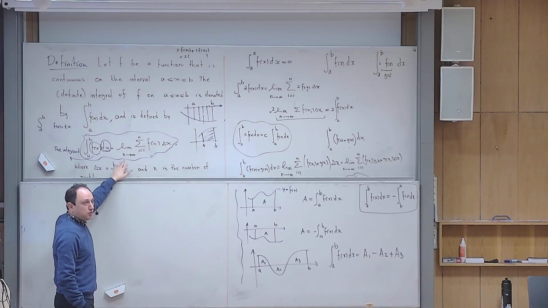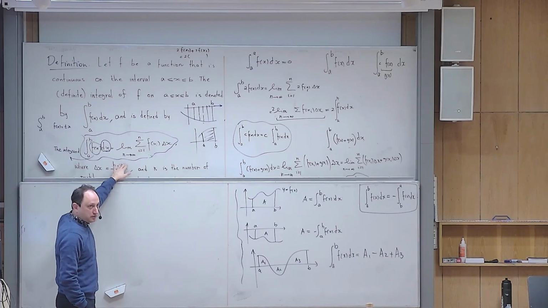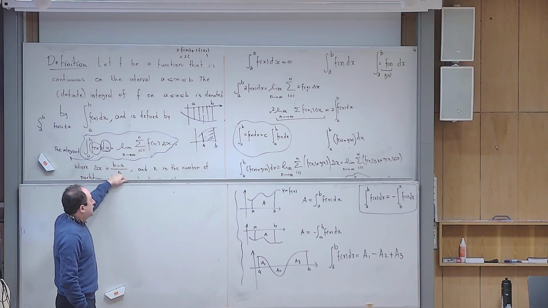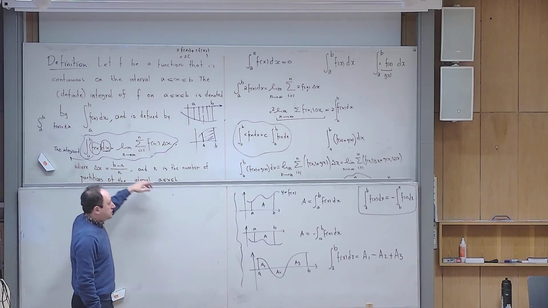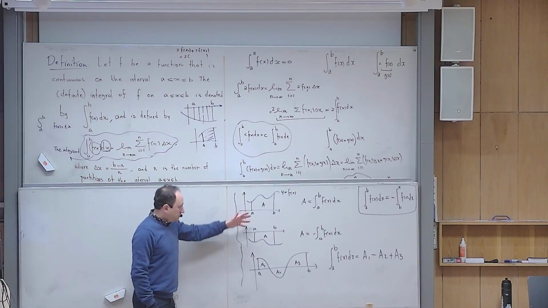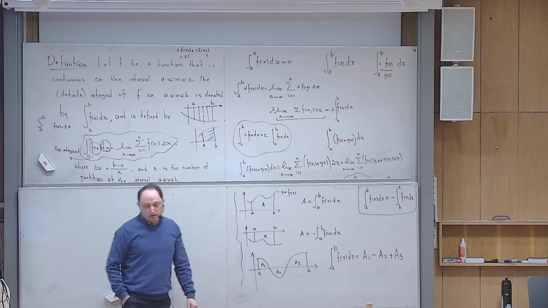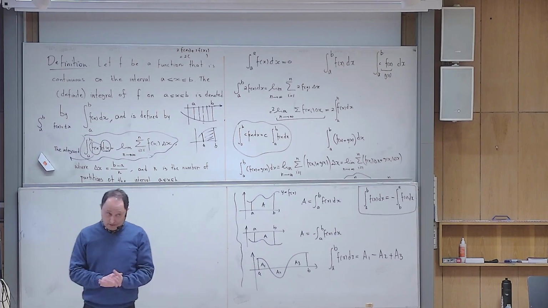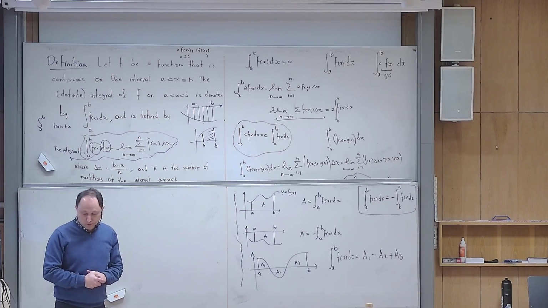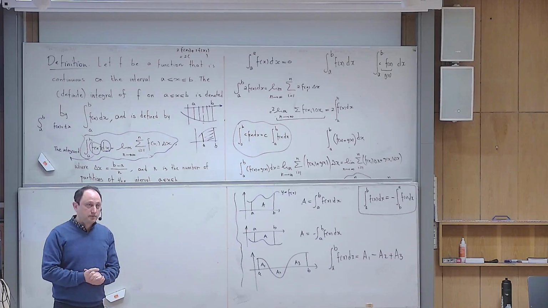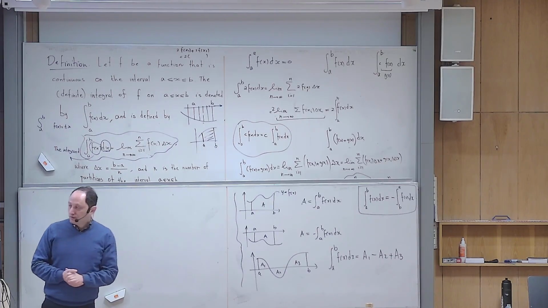It was very lengthy, and for most functions it is impossible at all. So then I will tell you how to calculate this integral. I will try to motivate you why that method works, not the real proof, but you can see why this formula should be true. Any questions? Thank you very much.